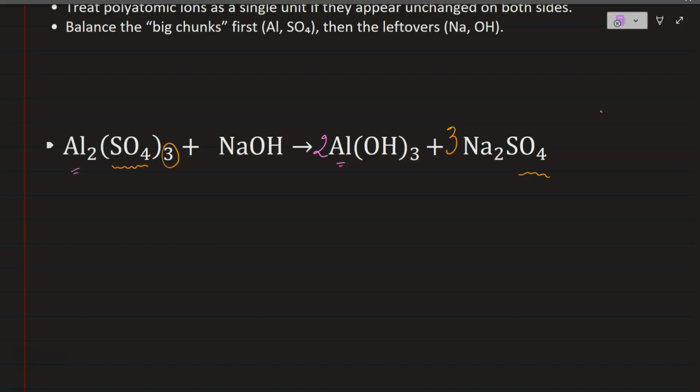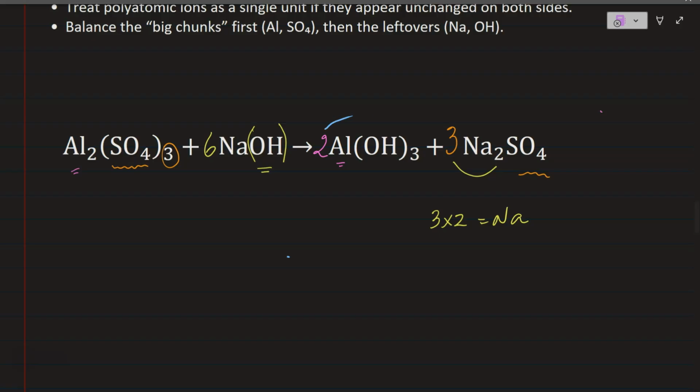Now let's look at the sodium. We have 6, 3 times 2 sodium there. We have only 1 in here, so we have to multiply NaOH by 6. Now, by doing that, we need to double check our hydroxide, which is OH. How many OHs do we have?